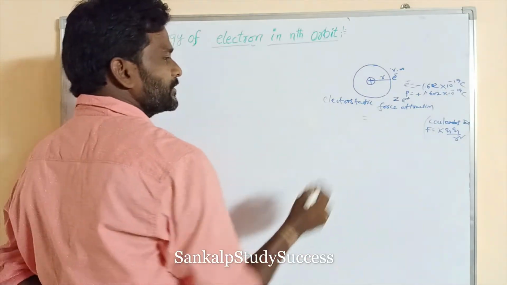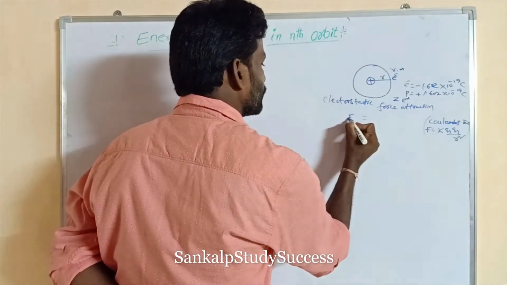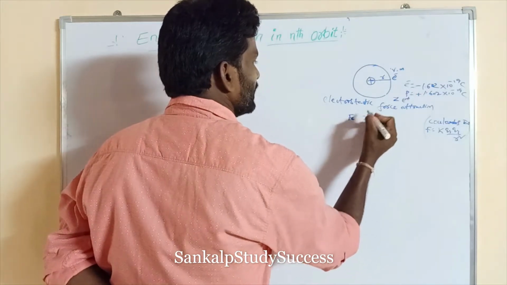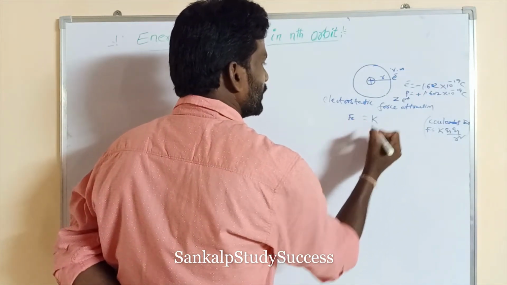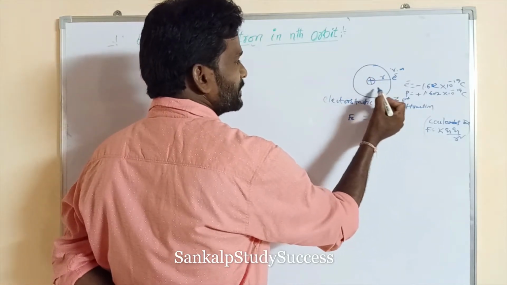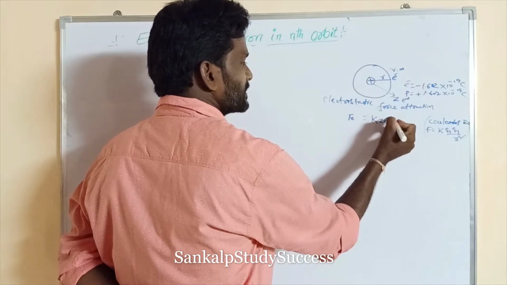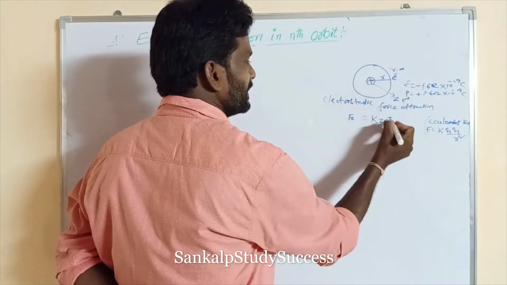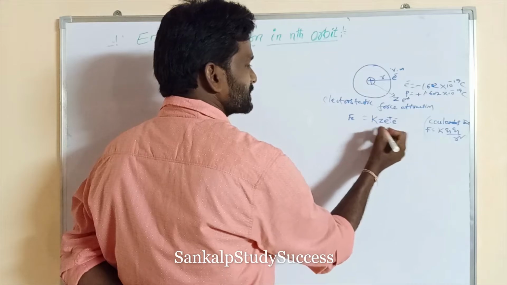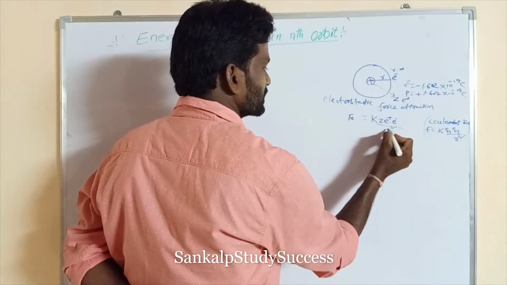Now, according to this, we can write the electrostatic force of attraction Fe is equal to K into the charge of nucleus, Ze plus, and the charge of electron, e minus, by the distance r square.